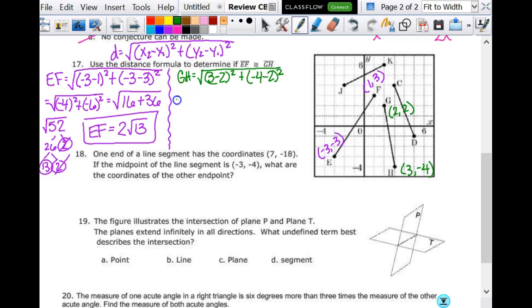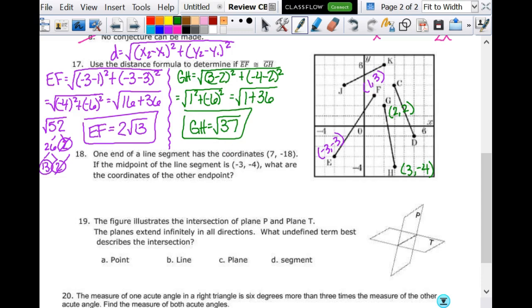Okay, so this gives me the square root of 1 squared plus negative 6 squared. That's equal to the square root of 1 plus 36. So that's the square root of 37. That's a prime number, so the length of GH equals the square root of 37.